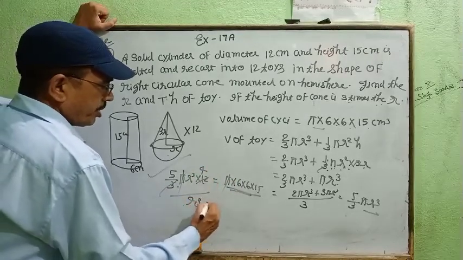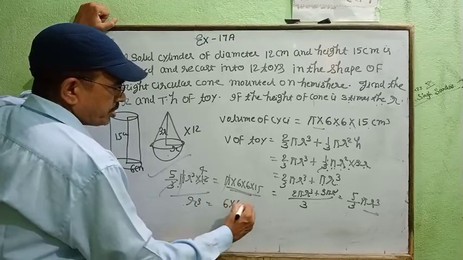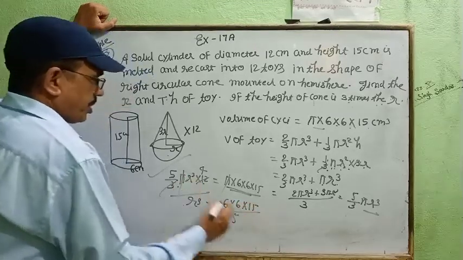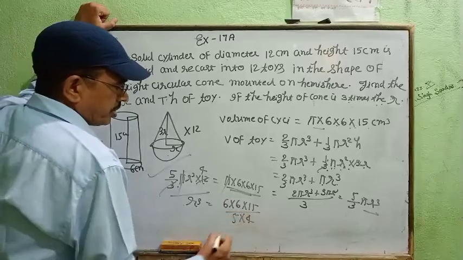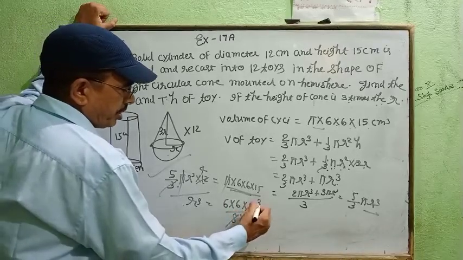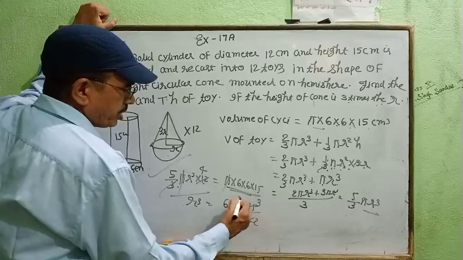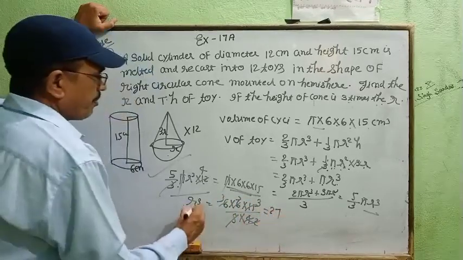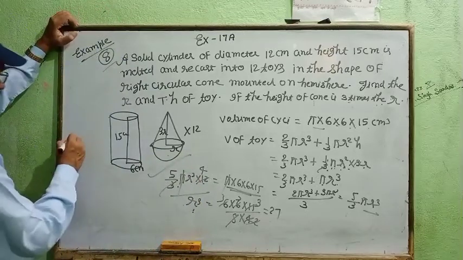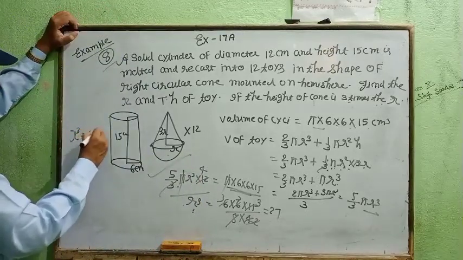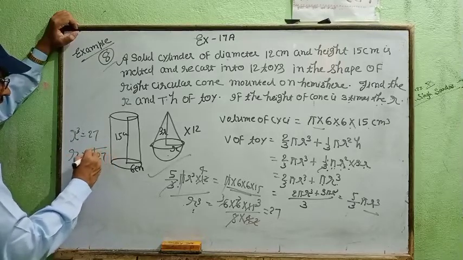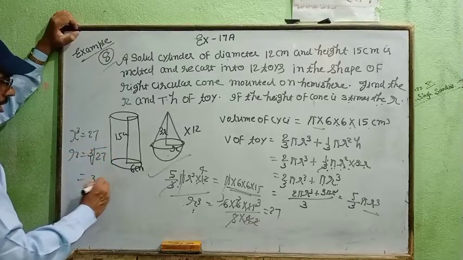So what is r cube? It is 6 into 6 into 15 over 5 into 4, which gives 27. If r cube is 27, then r is the cube root of 27, which is 3 cm.